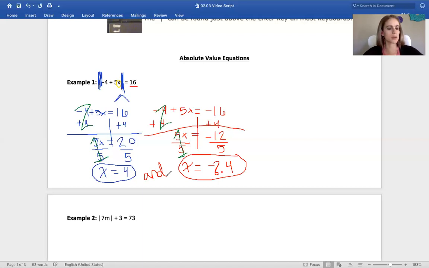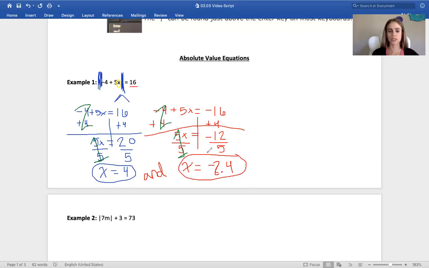And if we want to just take a brief moment to double check that, we can do so. If we substitute our 4 in, 5 times 4 is 20. 20 minus 4 is a positive 16. The absolute value of 16 is 16. Check. All right, now let's double check our other answer here, our red one. 5 times negative 2 4/10 is negative 12.